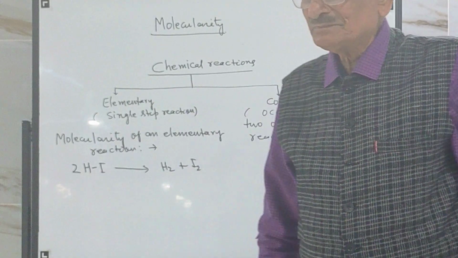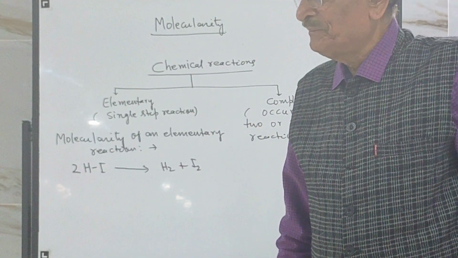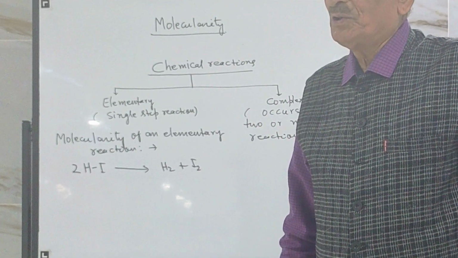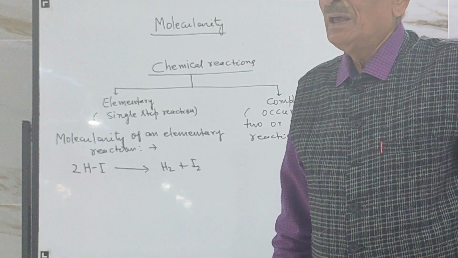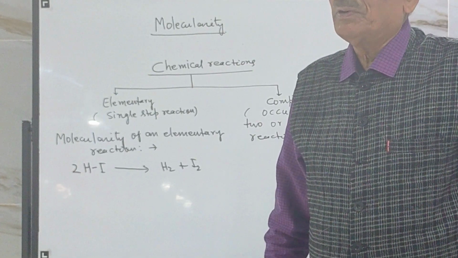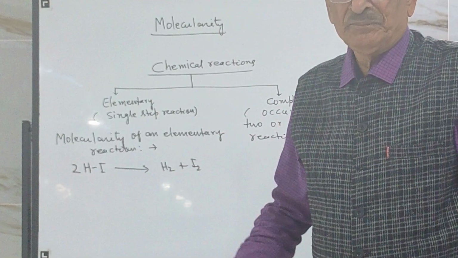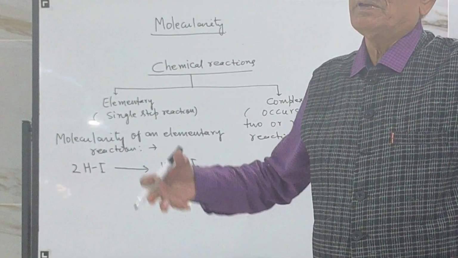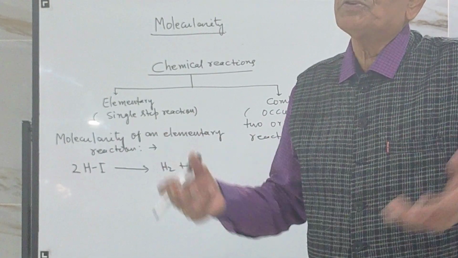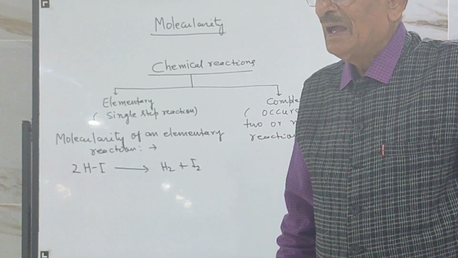But when two reactant molecules collide, they do not convert directly into product, but first they collide to form the transition state of the reaction.